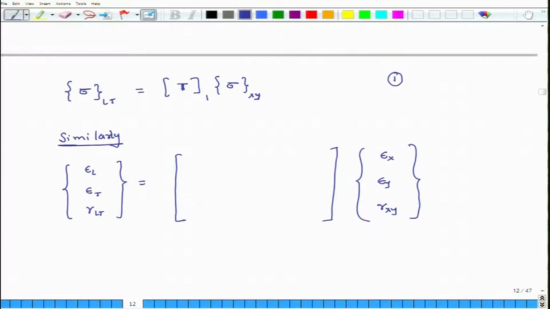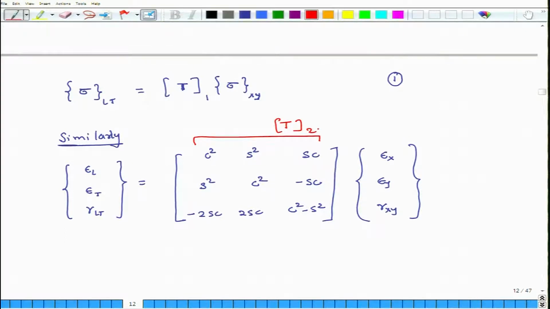And what are the elements of this transformation matrix? c square, s square, sc, minus sc, c square minus s square, c square, s square, minus 2sc, 2sc. So, this is there, and this I call it T2.